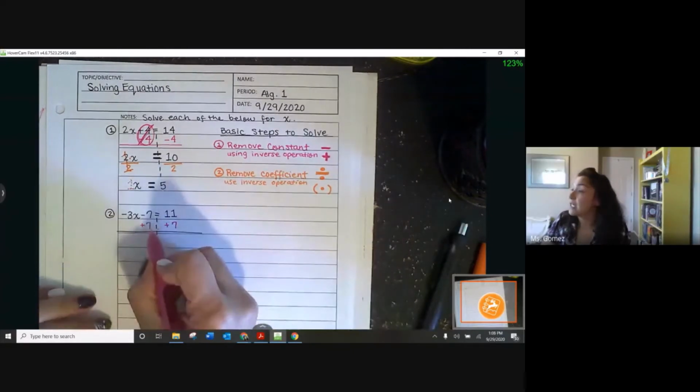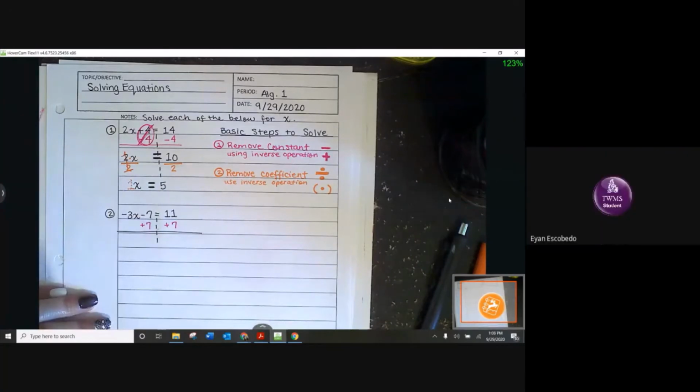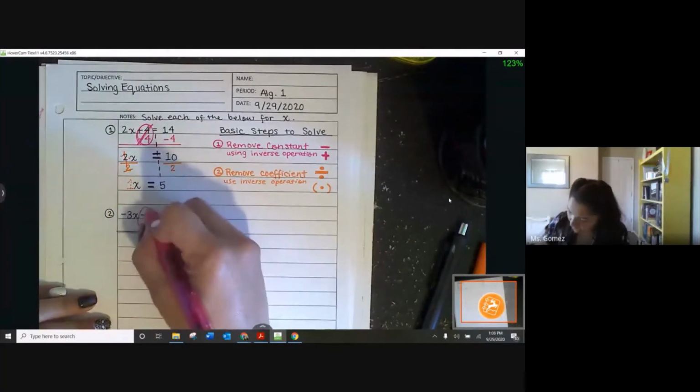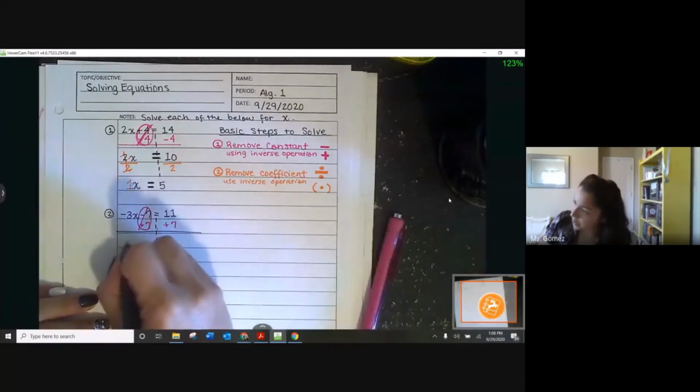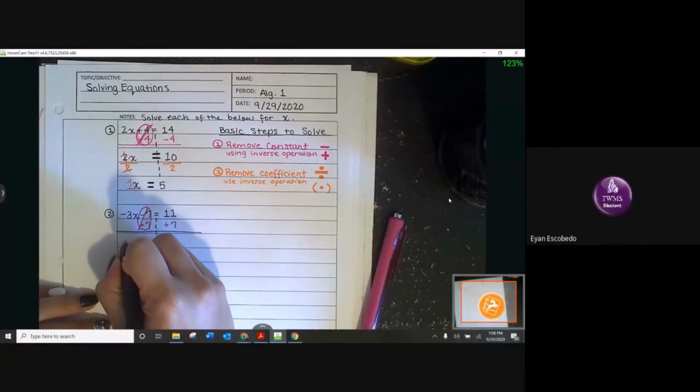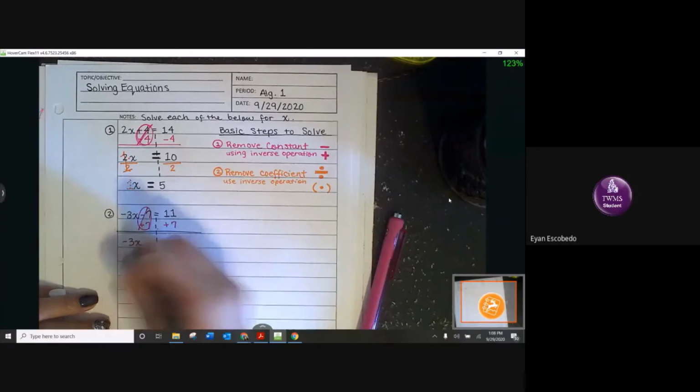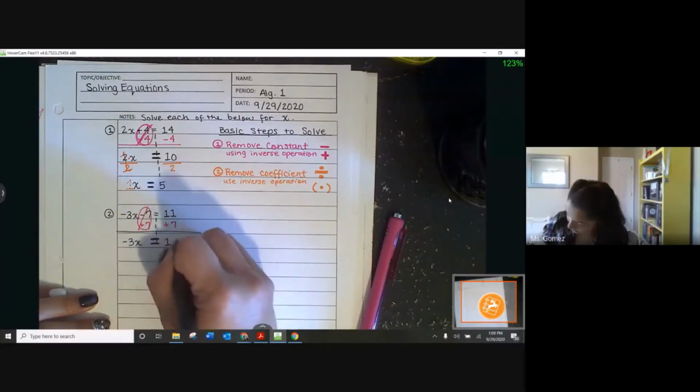Negative 7 plus 7 equals? Zero. Big fat 0. All right. Let's bring everything down. What do I write? Negative 3x and then equals 18. Awesome.